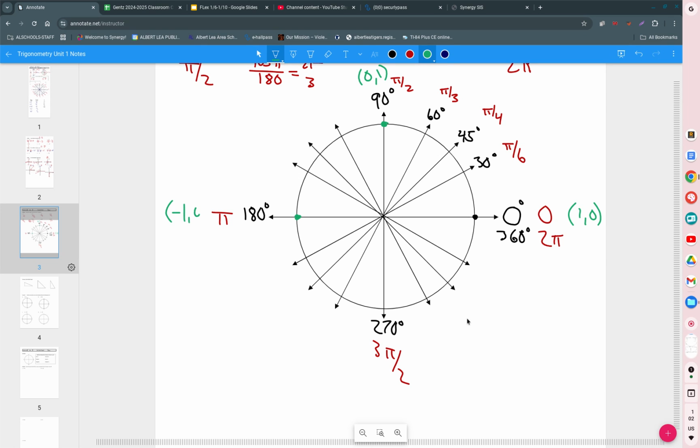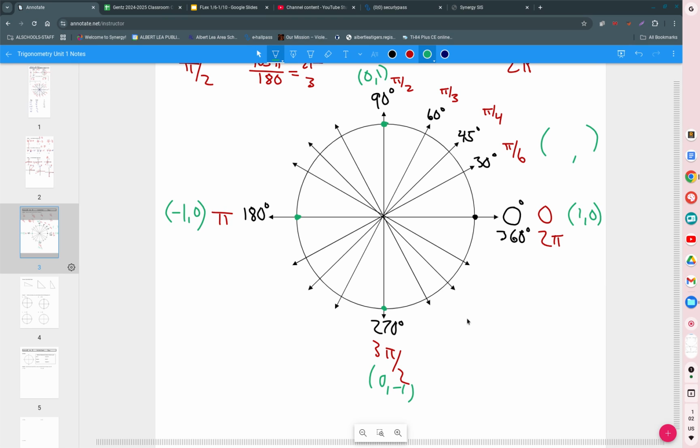It's back 1 and it's up 0. Very good. And then the coordinate down here would be 0, negative 1. My 4 coordinates.